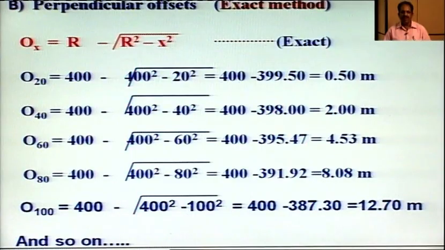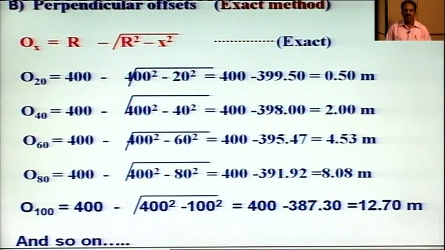By putting x as 20 meter and radius as 400 meter, we calculate O20 from 400 square minus 20 square, and the value of offset at O20 comes out to be 0.5 meter.